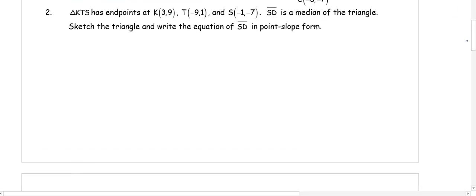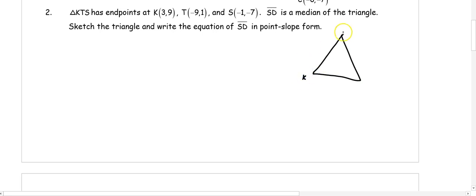Number 2, triangle KTS has the endpoints at K, T, and S. SD is the median of the triangle. Sketch the triangle and write the equation of SD in point slope form. So first thing I'm going to do is create a triangle, and it doesn't really matter where the coordinates are.